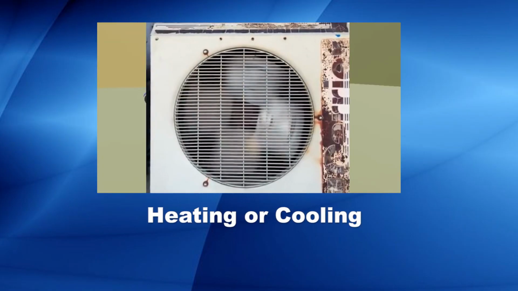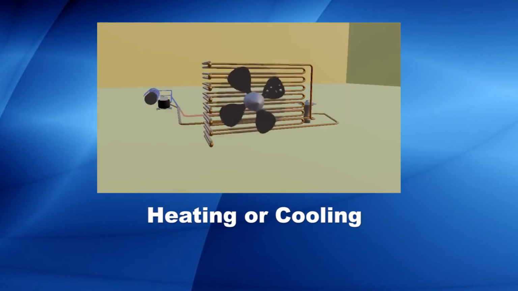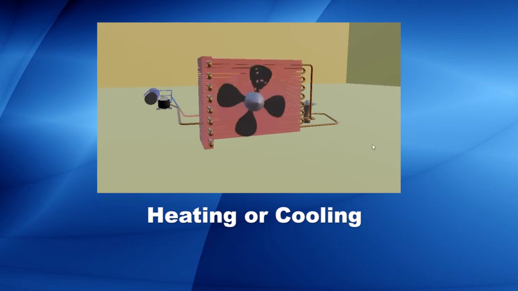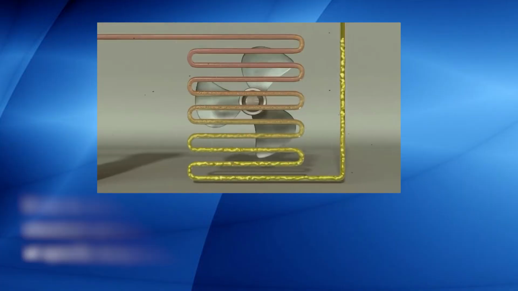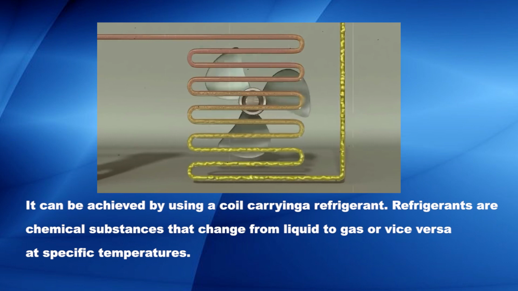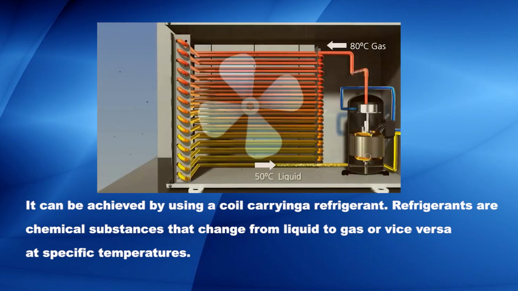So let us discuss the first step, that is heating or cooling. Heating or cooling of a medium means that there is no change in the humidity content of the medium while heating or cooling. It can be achieved by using a coil carrying a refrigerant.